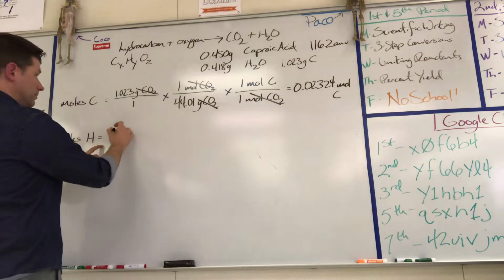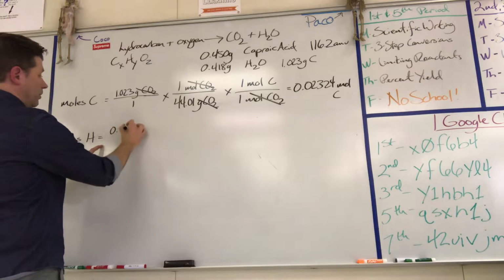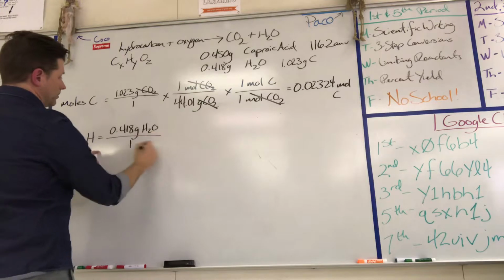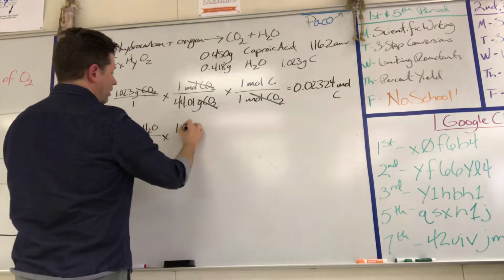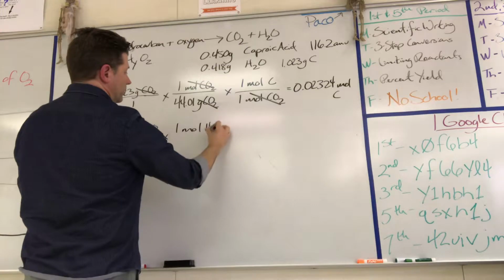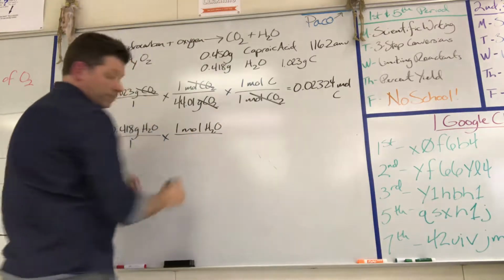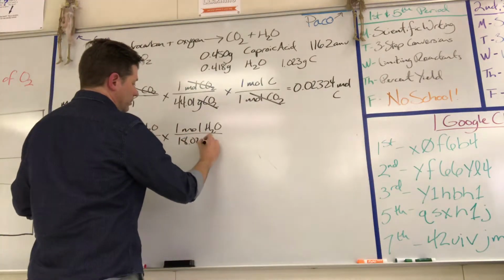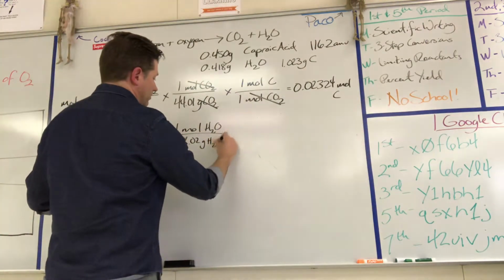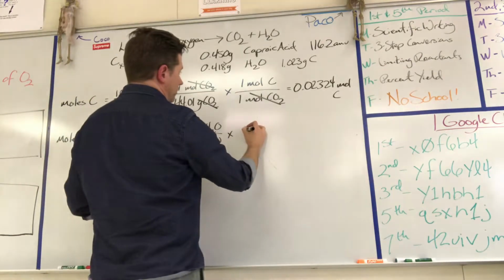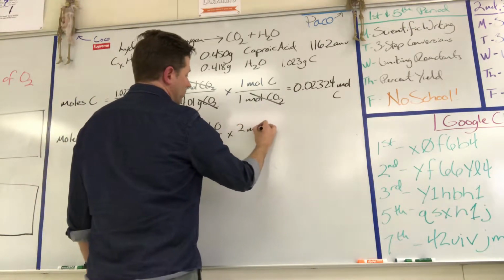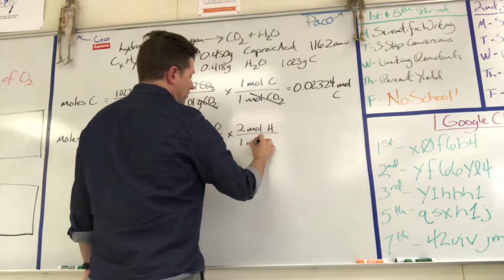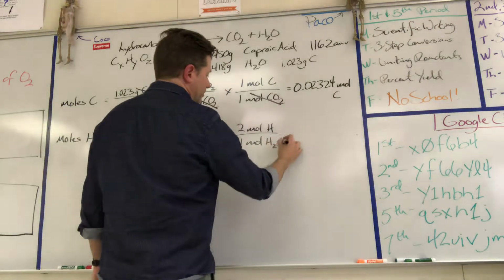So we have 0.418 grams of H2O, and 1 mole of H2O is 18.02 grams. The conversion factor, so there are 2 moles of hydrogen for every 1 mole of H2O.